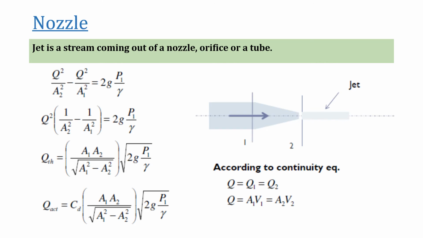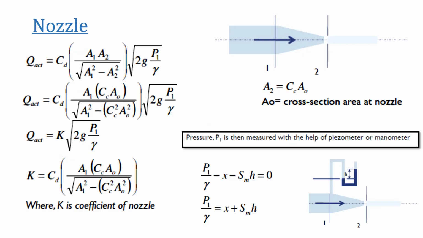A jet is a stream coming out of a nozzle, orifice or a tube. So we will have to write the pressure equation for this U-tube manometer. Starting from the center of the pipe, the pressure is P1. As we go above, the pressure decreases, so it is minus rho g h, where h is the distance covered. Let's say the distance from the center to this level is x, so minus rho f g x.